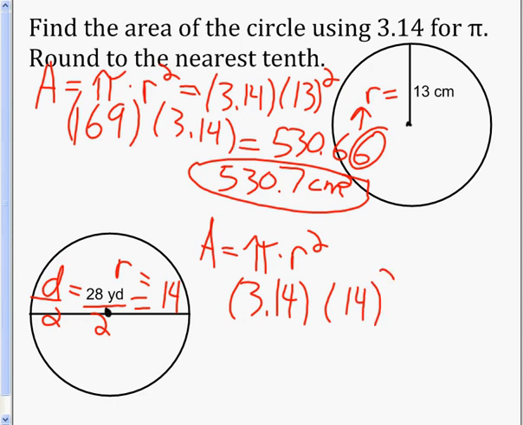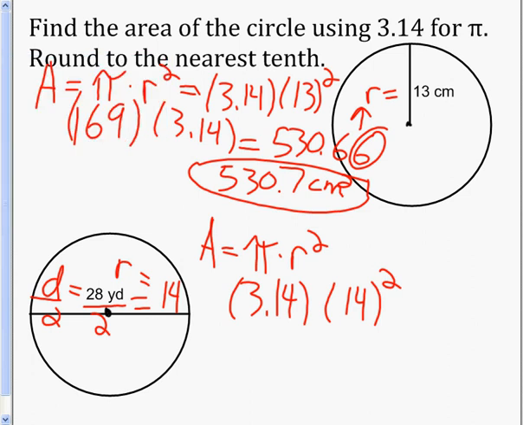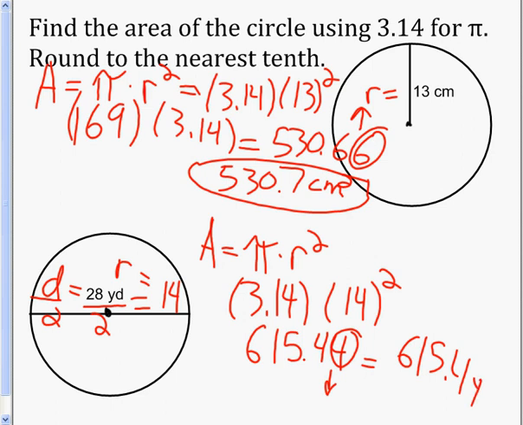Again, don't forget we're squared. 14 times 14 is 196, then times 3.14, we get 615.44. 4 is going to round down to stay down, so we're going to be at 615.4 yards squared.